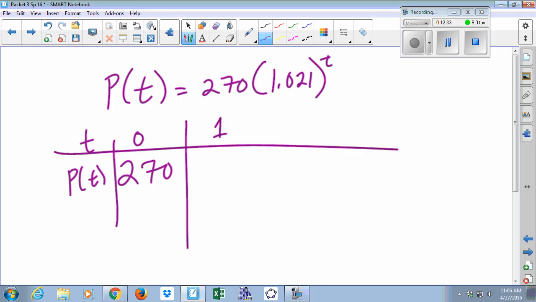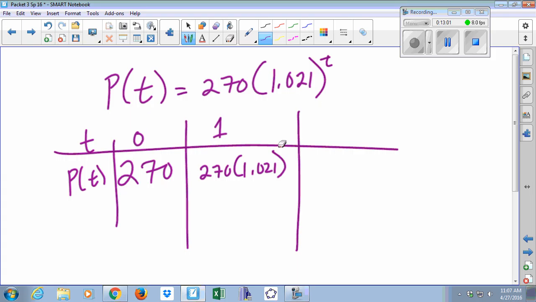What would I do? I could put this value in for t, yep. And when I put a 1 in here, what does this become? 270 times 1.021, right? So to get the next population, you just multiply by that base, 1.021.